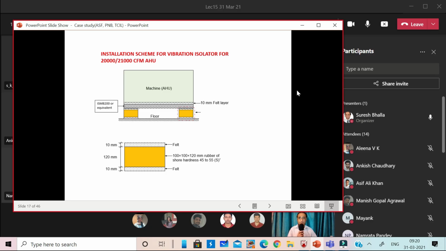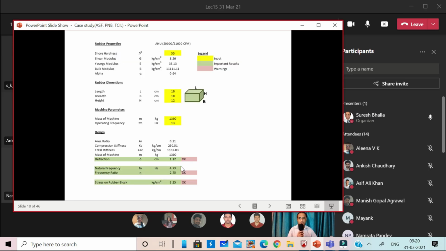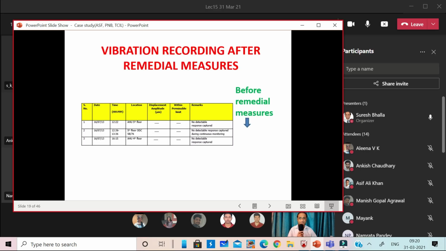And for different locations, we adjusted the dimensions. For example, here the value of the frequency ratio is 2.75. So here the transmissibility will be different, but of course very low.